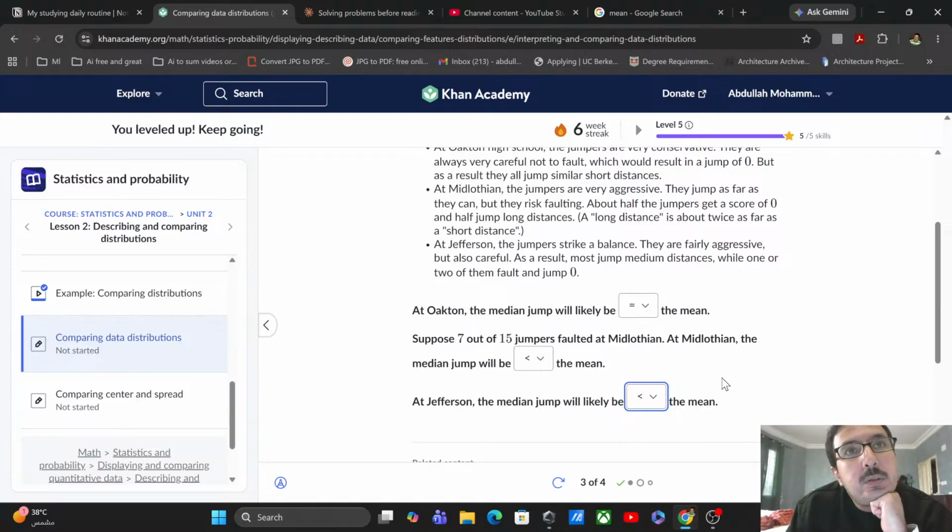So you get 10 over 12, while the median is equal.